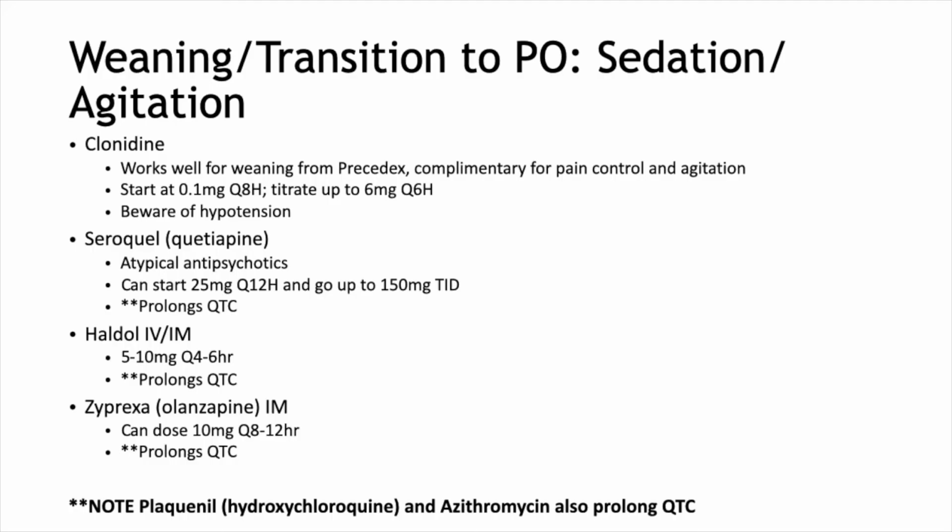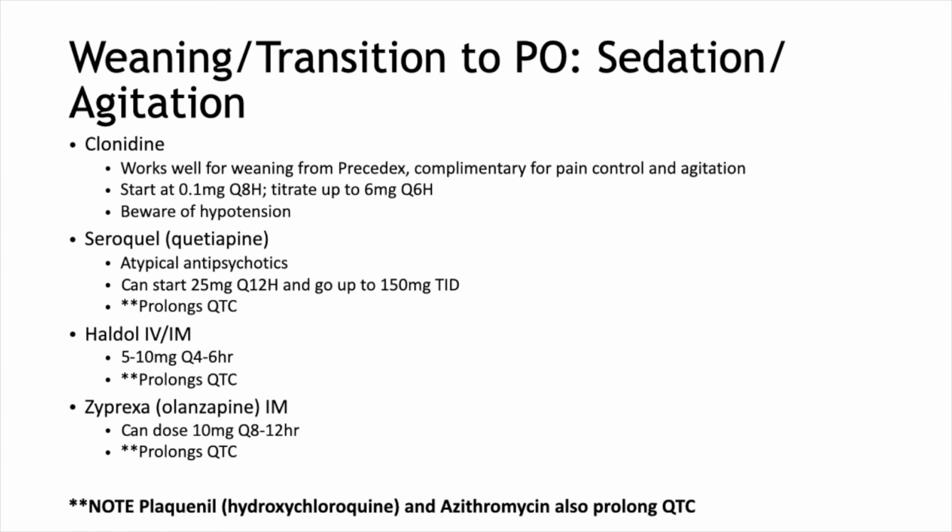For Precedex, I really like clonidine. Clonidine also works on alpha-2 receptors, and Precedex works centrally, and clonidine has that same effect. It's basically the oral version of Precedex. So you start at clonidine 0.1 milligrams down their tube every 8 hours or every 6 hours.